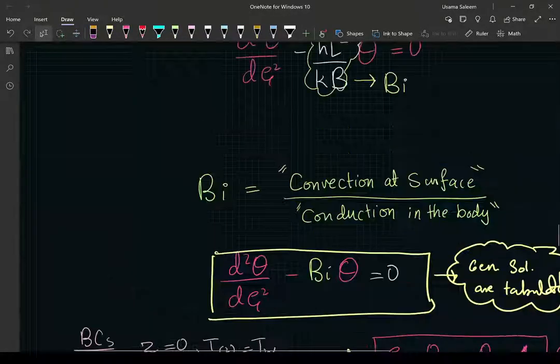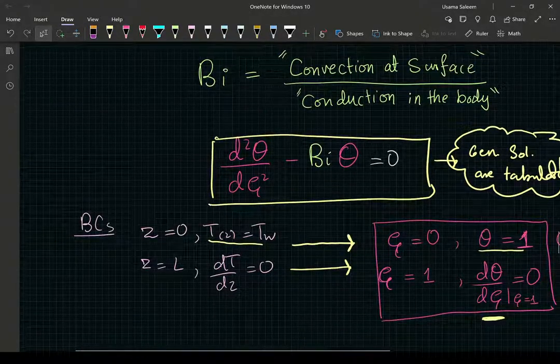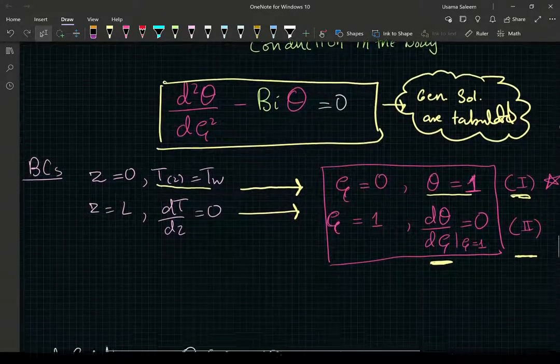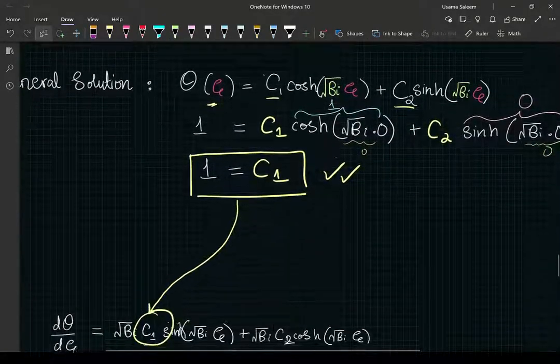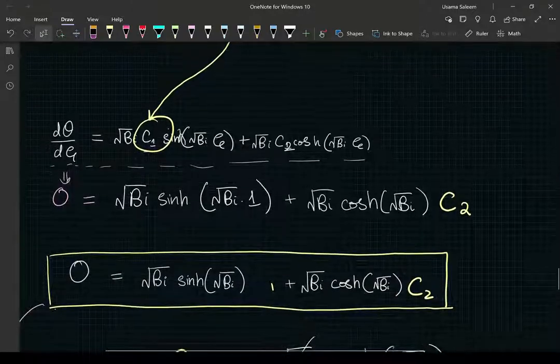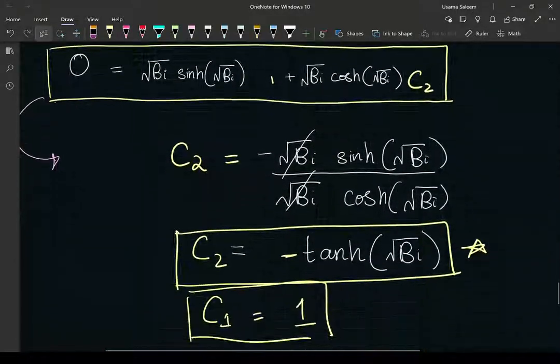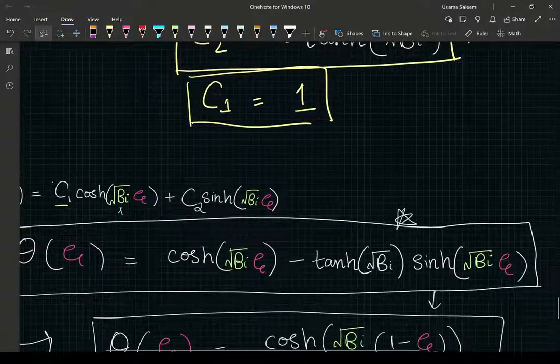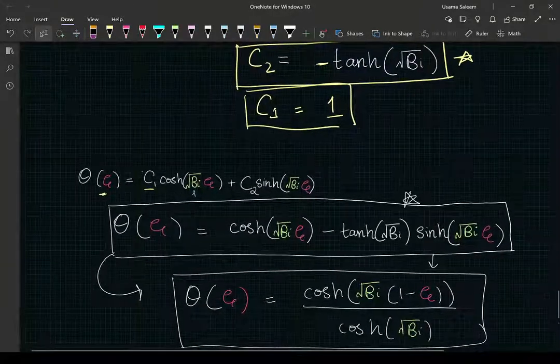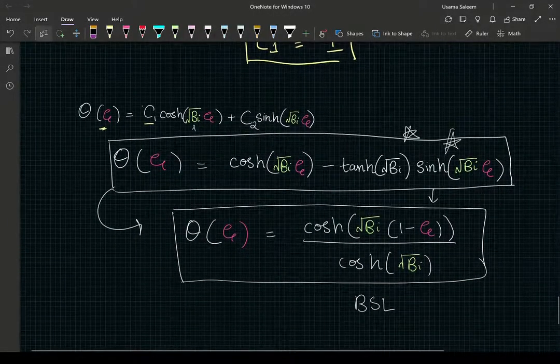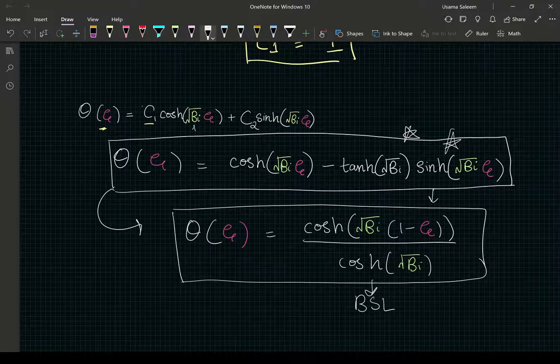That's a nice looking differential equation you got there. Mind if I use a general solution? That's exactly what I did. And I got my constants of integration, C1, C2, and again, this is the result I got. And this is the result that Bird, Stewart, and Lightfoot got. So follow whichever one you like.